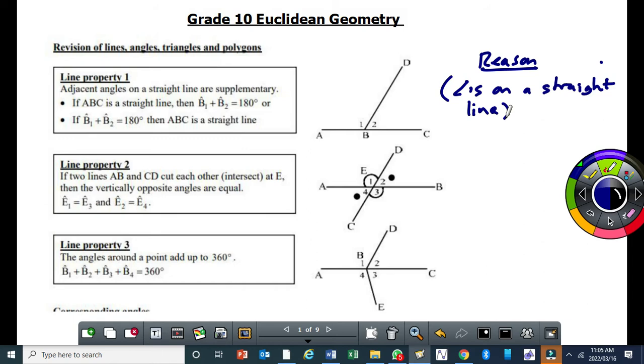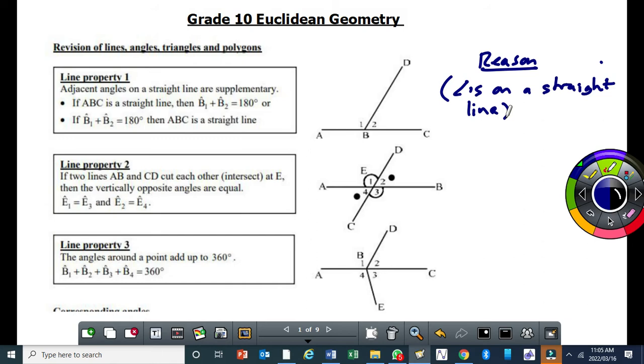So you can write STR as a shortcut for the word straight. Or you can write the full word. It's also okay. So these two angles, B1 and B2, are adjacent angles on a straight line, or you can just call them angles on a straight line when you write your reason.